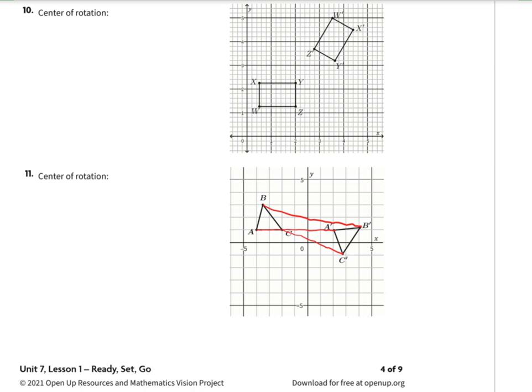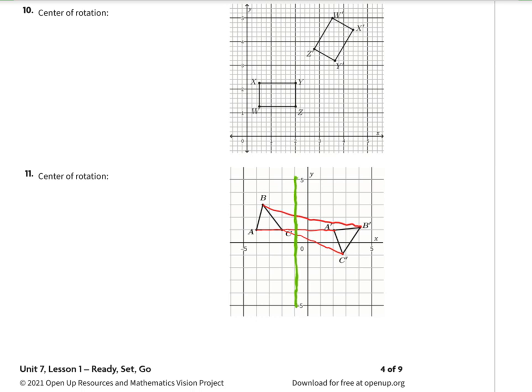So the first perpendicular bisector, let's take A and A prime. That's going to be a vertical line at negative 1. So there's the first one right there. Well, that should give us a pretty good indicator as to what the x-coordinate is going to be. Because this one only has negative 1 for it, so the intersection is going to be somewhere on negative 1.